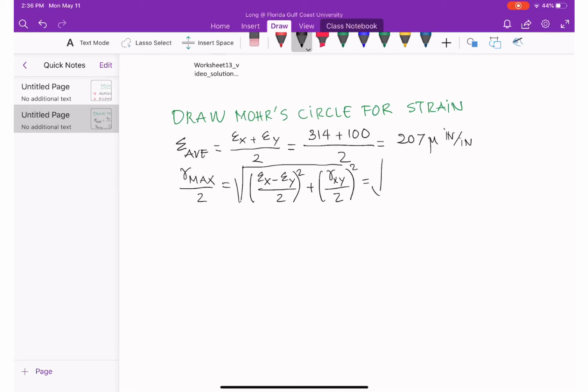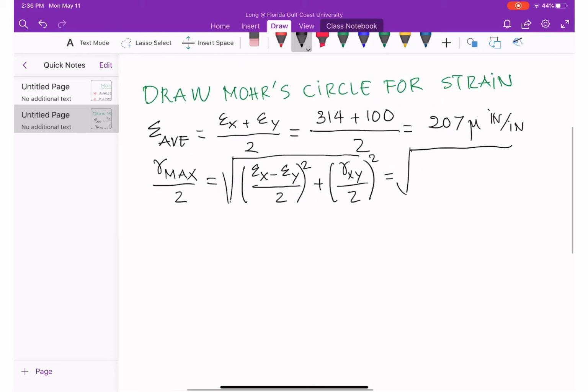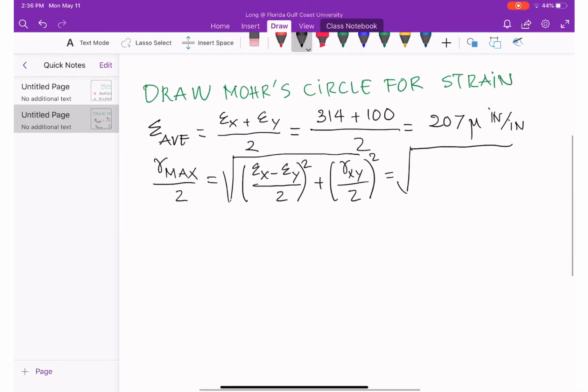Plug in here: epsilon x 314 micro minus 100, divided by 2 squared, plus 486 divided by 2 squared. From that we get about 266 micro inch per inch.